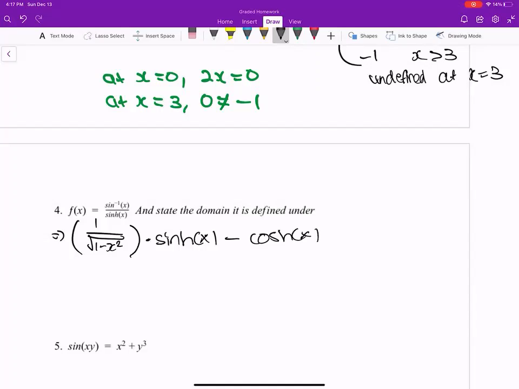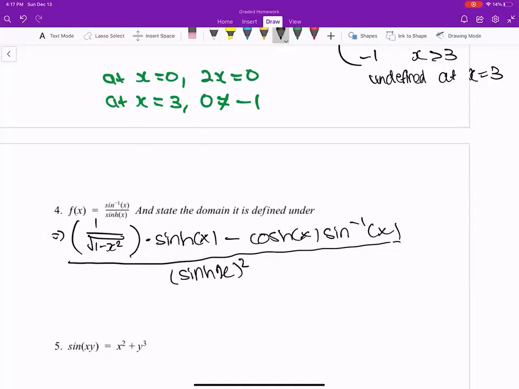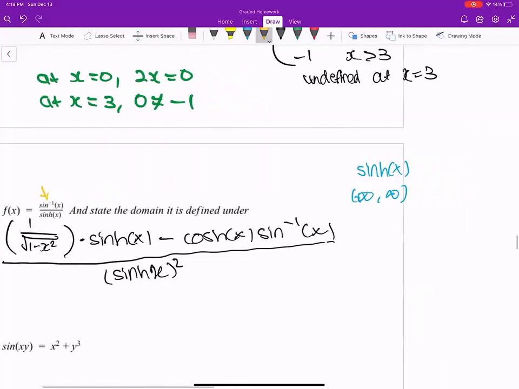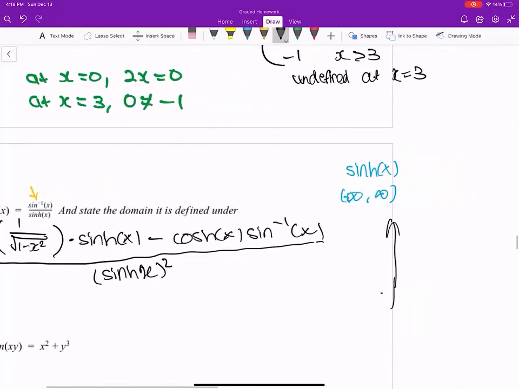Because the derivative of sinh x is cosh x times sin inverse x, all over sinh x squared. Now, the important thing to note is the domain. Sinh of x, its domain goes from negative infinity to infinity. However, you should remember the domains of all your inverse functions. If you don't remember, your inverse of sine looks something similar to this.